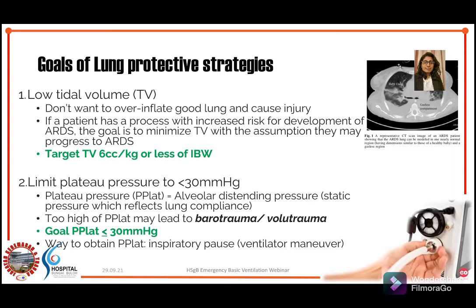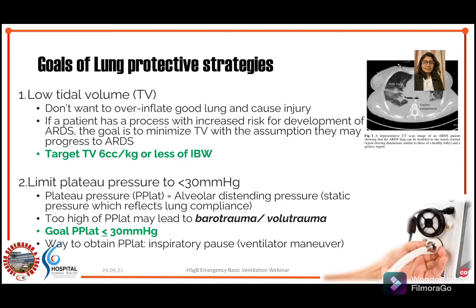Next, we look at limiting the plateau pressure, which is less than 30 mm mercury. Plateau pressure is also known as P-plat, and it's defined as your alveolar distending pressure, which correlates to your lung compliance. So too high a P-plat may cause barotrauma and volutrauma.